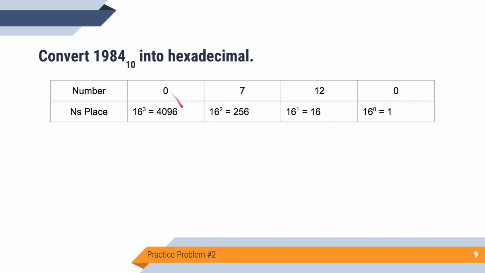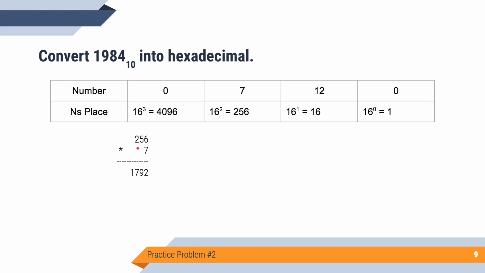All right. 16 to the power of 2 is equal to 256. I think we can fit 256 multiple times in 1984. So we divide 1984 by 256, and we get 7 point something. That means we can fit a maximum of 7 256s within 1984. 256 times 7 is equal to 1792.